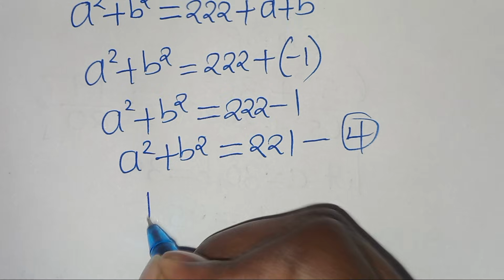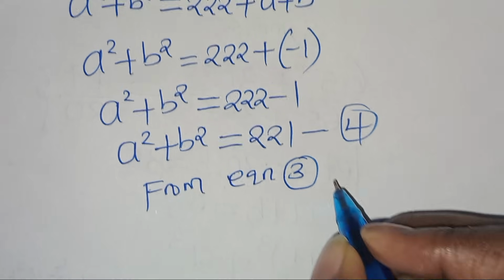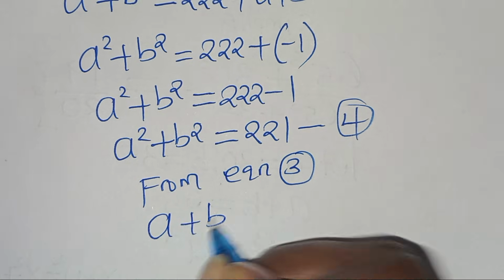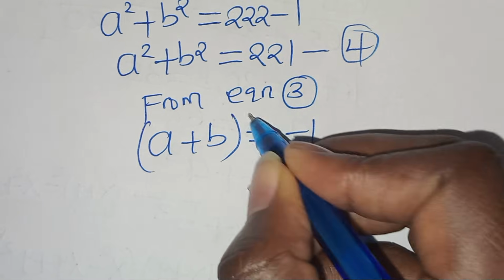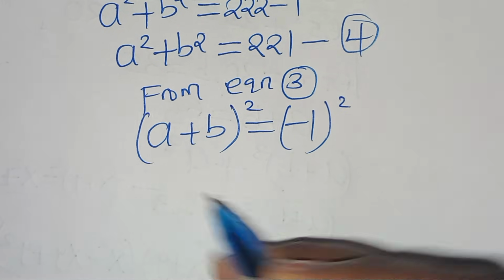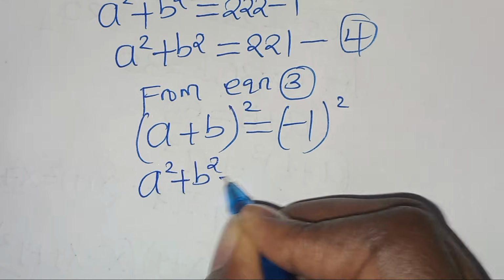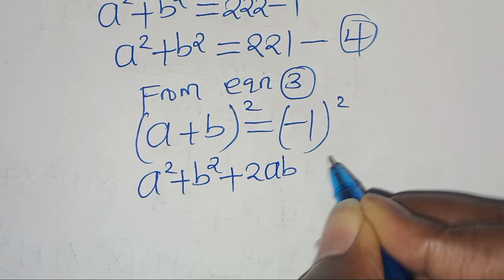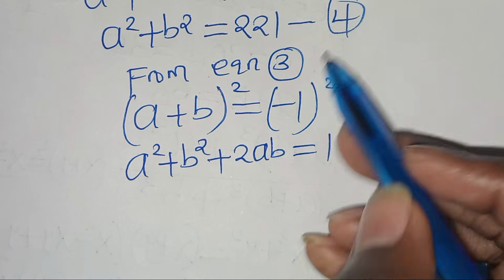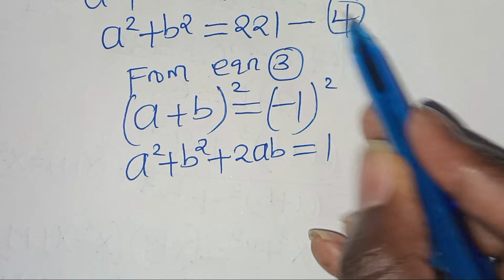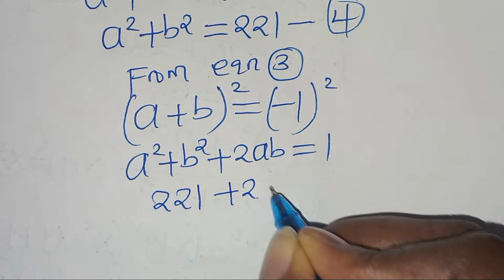Now, from equation 3, which is a plus b, this is equal to minus 1. Let's square both sides, so that now here we have a squared plus b squared plus 2ab. This is equal to minus 1 squared, which is 1. A squared plus b squared, this is what we have in equation 4, which is 221 plus 2ab.